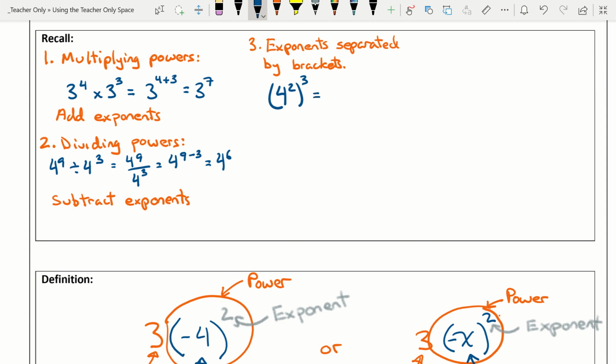Remember, we talked about how we use common language. We say to the power of, even though the entire thing is the power, so we have to be careful about that. We're going to write this as a single power. We go 4 to the 2 times 3, which equals 4 to the 6th. And we say that when powers are separated by brackets, we multiply the exponents.